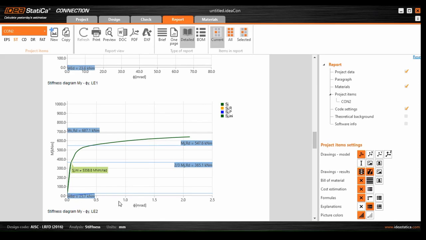Then we divide 2/3 MJRD by the rotation we already read from the diagram. The result would be your SJ initial. If SJ initial is bigger than SJR, then the connection is rigid.